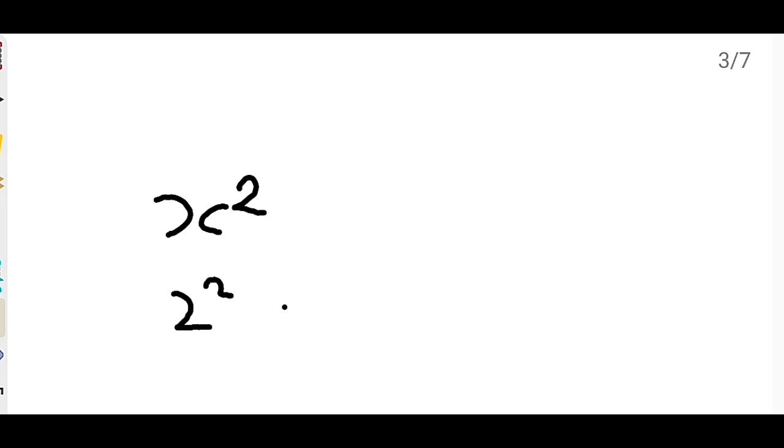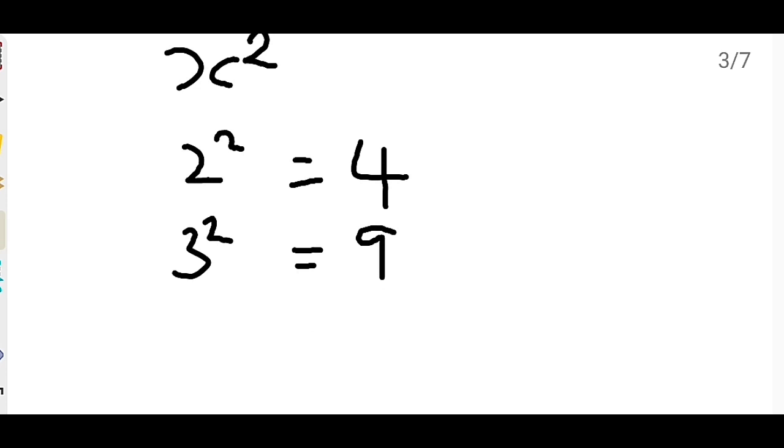So when we put 2 and we square it, this equals 4, which is a perfect square. 3 squared will also give us 9. 4 squared will be 16.